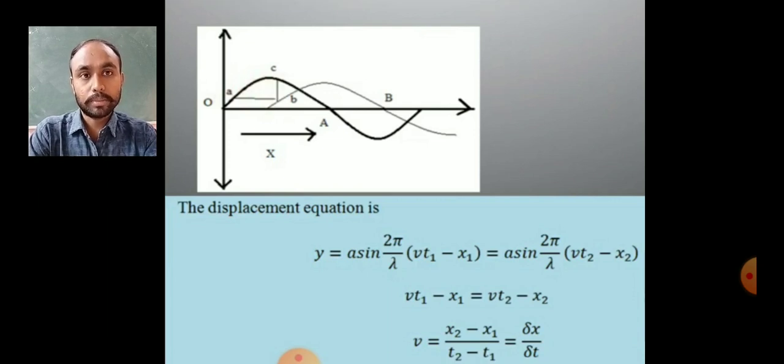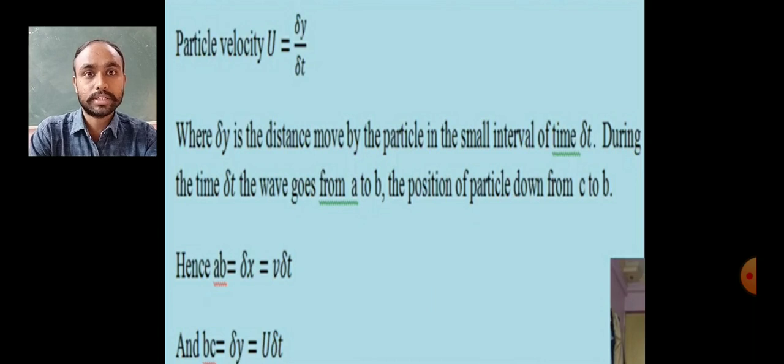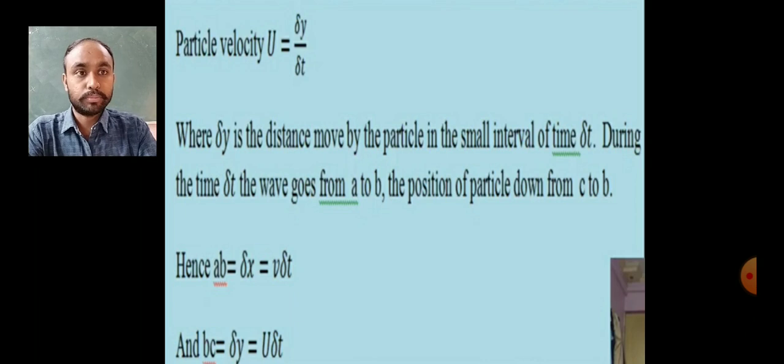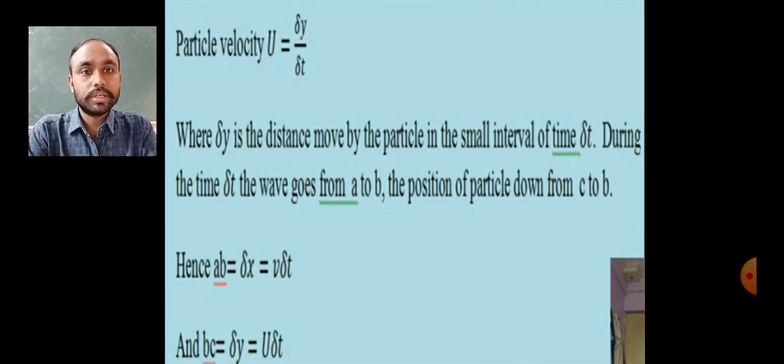But the particle moved from small c to small b. The wave is moving like this, but the particle is moving like this. That is what we have written in that statement: during the time delta t, the wave goes from A to B and the position of the particle comes down from C to B. Because the particle comes down, we can say the particle changes position from C to B. Now hence AB is equal to delta x.